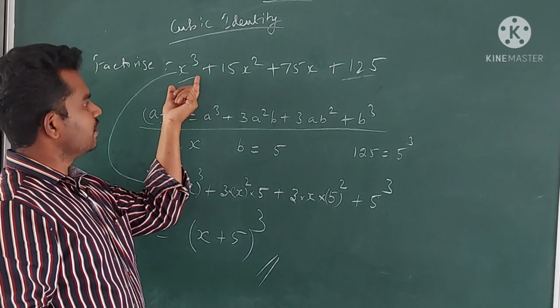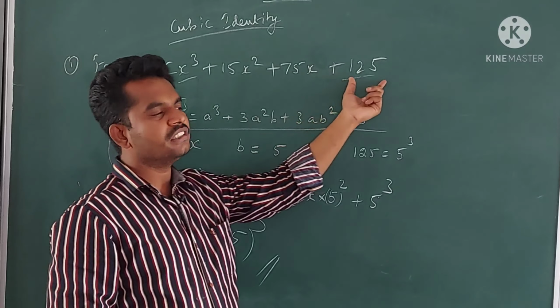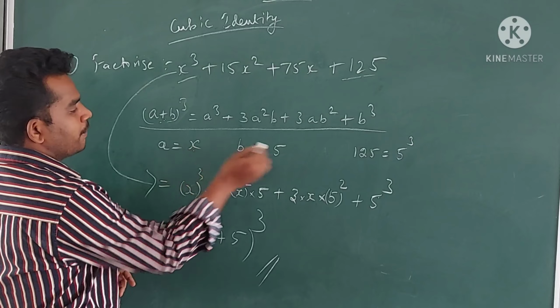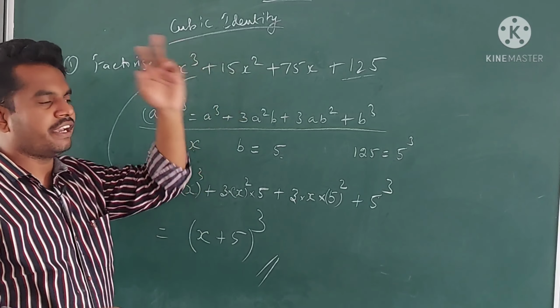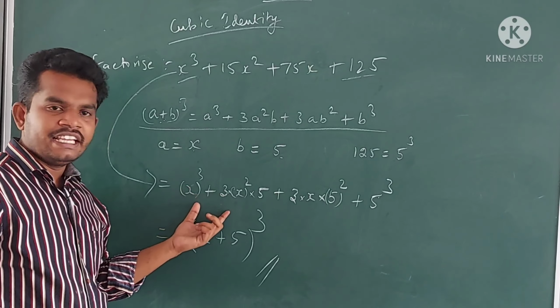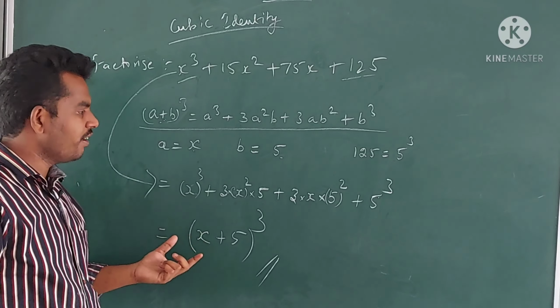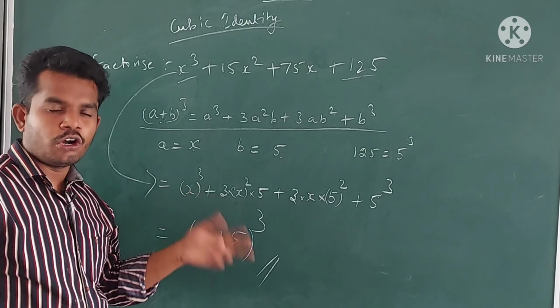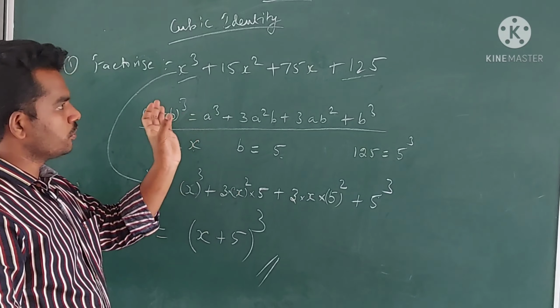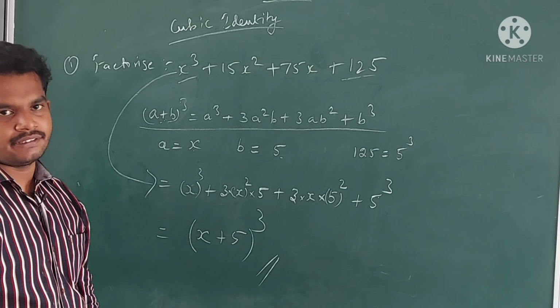The clue is the first cube term and the constant term. Then you will easily find x plus 5 the whole cube. For examination only this step is important. For the competitive exam you should write x plus 5 the whole cube. In the question itself you can find the answers.